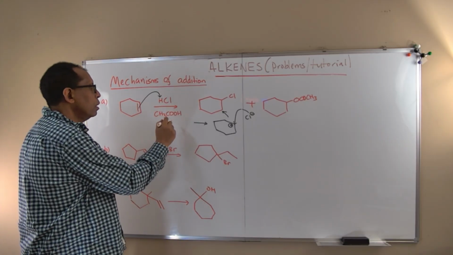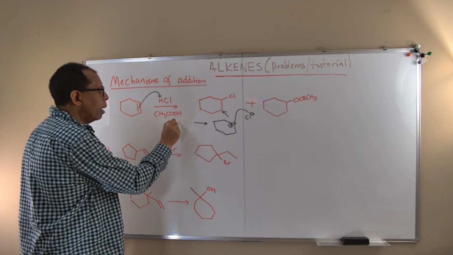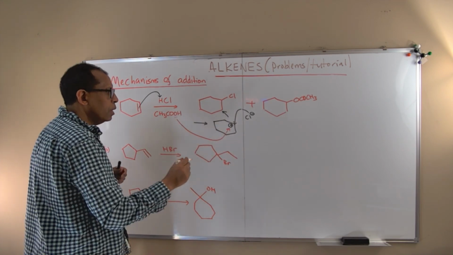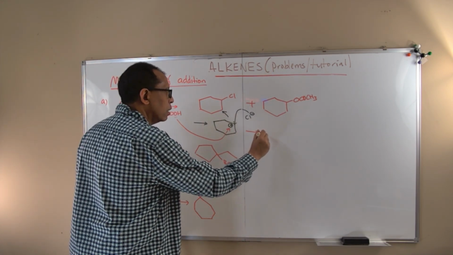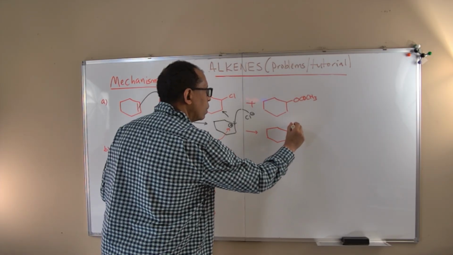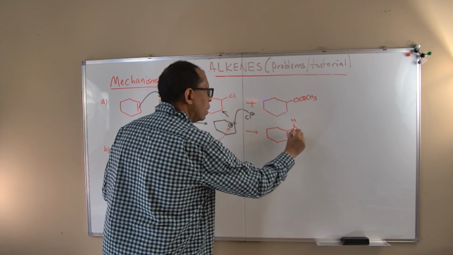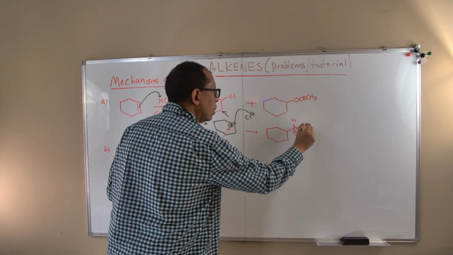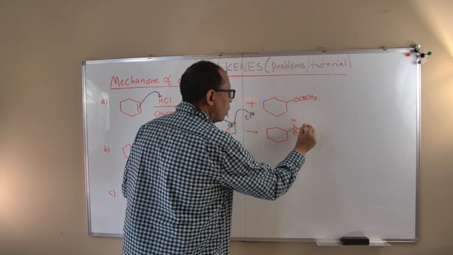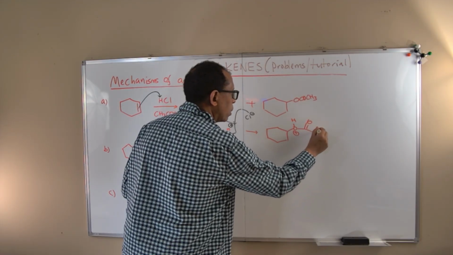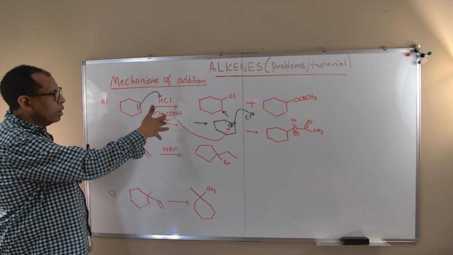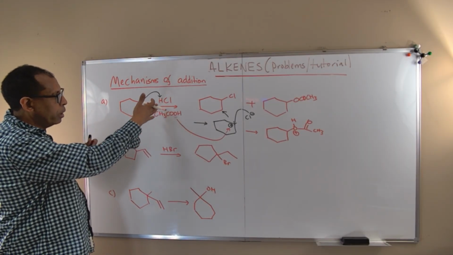So this OH would come and attack that carbocation, and it would form this intermediate. That is a COCH3.